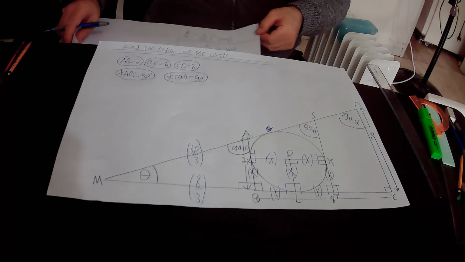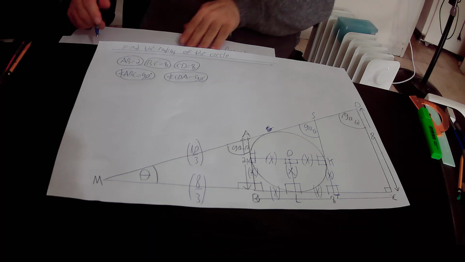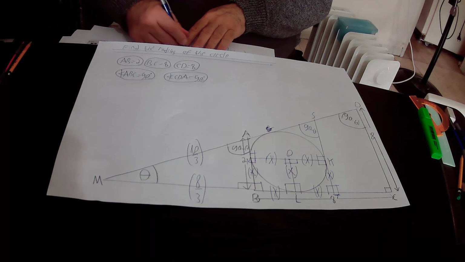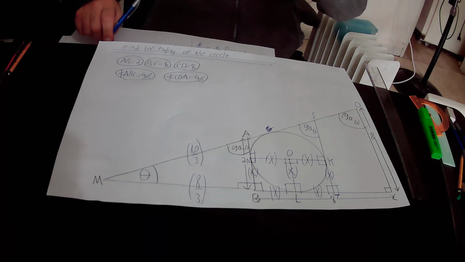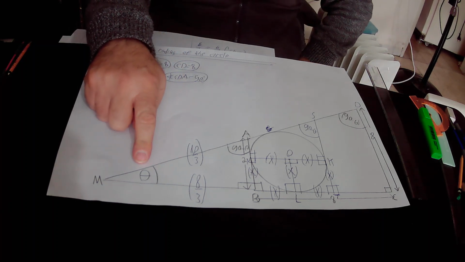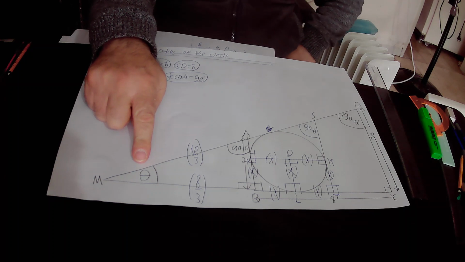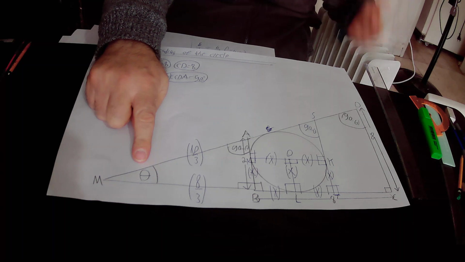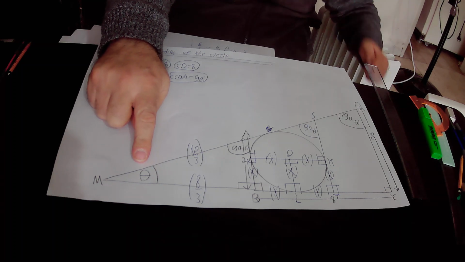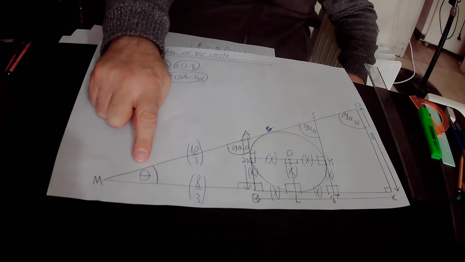In addition, this is angle theta, that is a common angle, it belongs to both triangles. So we can write down that angle theta equals itself as a common angle that belongs to both triangles.